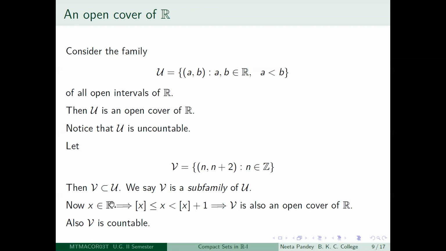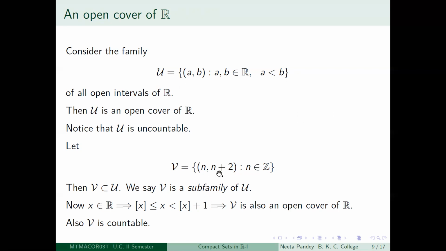So just look at floor of x minus 1. Floor of x minus 1 is strictly less than floor of x. So floor of x minus 1 will be strictly less than x, and that will be strictly less than floor of x plus 1. And floor of x is an integer. So for any x, you are able to get an interval of the form floor of x minus 1 to floor of x plus 1, right? So floor of x minus 1 plus 2 is exactly floor of x plus 1.